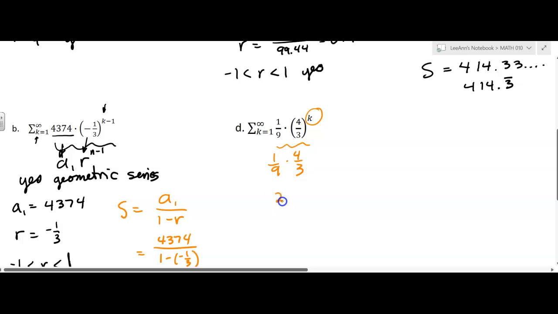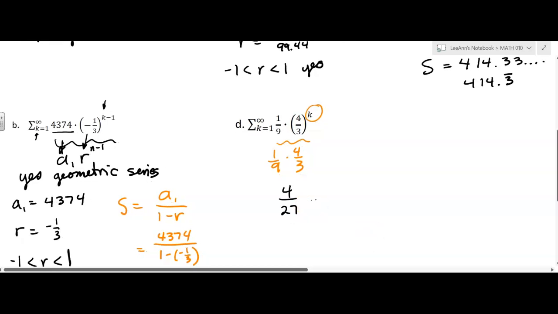What's that? 4 over 27. Okay, so that's the first term. Then what's the second term going to be? Well, it's going to be 1/9 times 4/3 squared. So that's going to be 16 over 81.